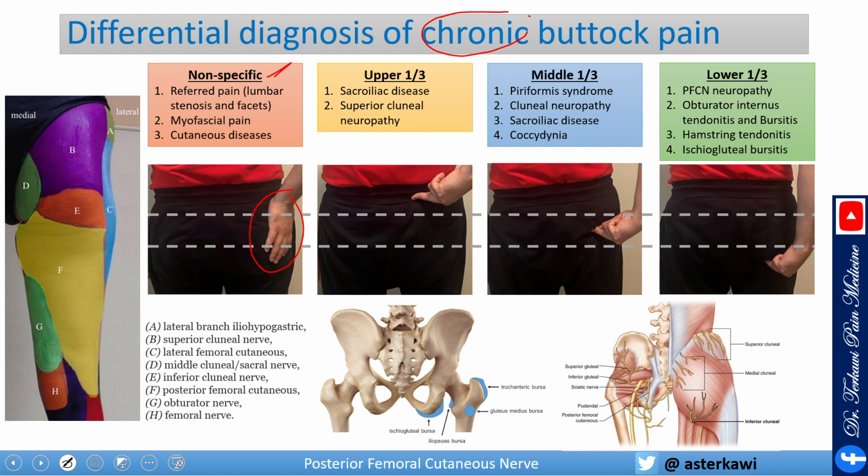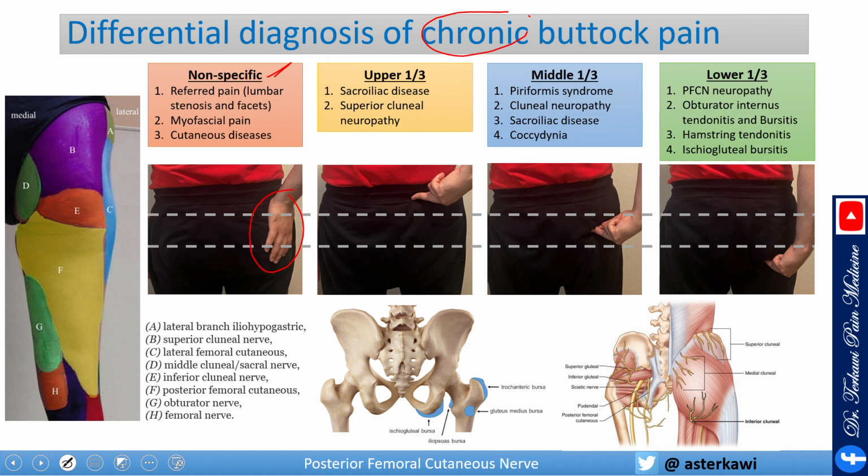Most likely this can be referred pain, either from lumbar facet joint disease, or central canal stenosis like neurogenic claudication, or radiculopathic pain that goes from the back and shoots down. Also myofascial pain or some cutaneous diseases like lipoma, infected follicle, etc.